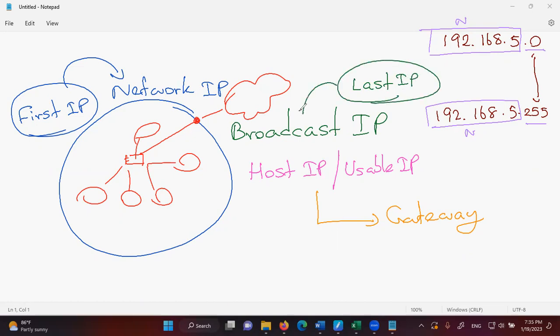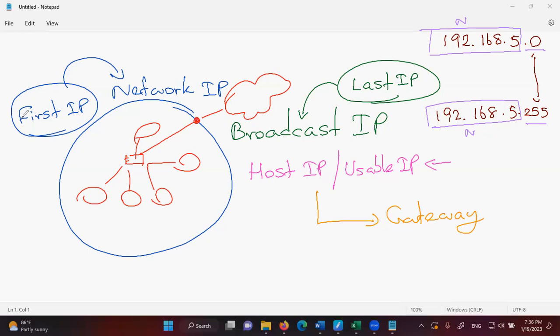IP block එකේ තියෙන last IP එක අපි කියනවා broadcast IP එක කියලා. ඒකේ මැද තියෙන ඉතුරු ටිකට කියනවා මෙන්න මේ usable IP කියලා. ඒකෙන් පළවෙනි එකට කියනවා gateway IP එක සහ we are going to assign that gateway IP here.